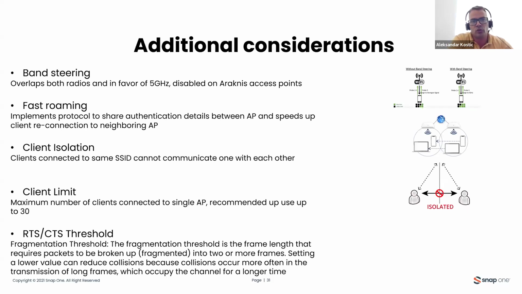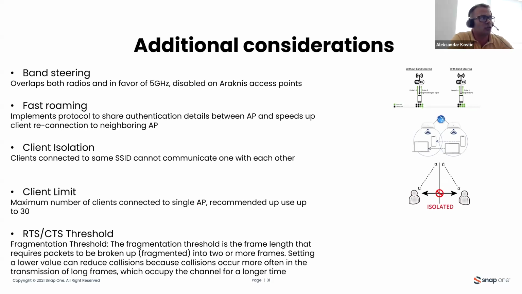So we do not recommend using band steering. And if you have requirement to have both 2.4 and 5 GHz SSIDs with the same name and to appear as one SSID, you still can do that just by putting the same name on both 2.4 and 5 without band steering enabled. So they will appear as one, but it will not force 5 GHz.